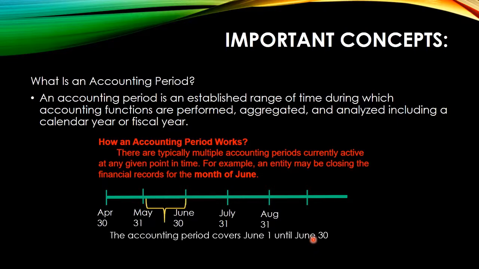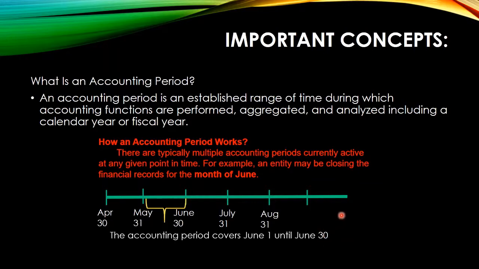So for example, there is a particular customer who pays cash for a particular service to be rendered on July 1. Take note, the company will render the service to this customer on July 1, based on their agreement. Now, yes, indeed, you receive cash on June 30, for example, but you will render the service on July 1. Would you still include that as your income? Let's go back to our accounting period. Our accounting period only runs until June 30.